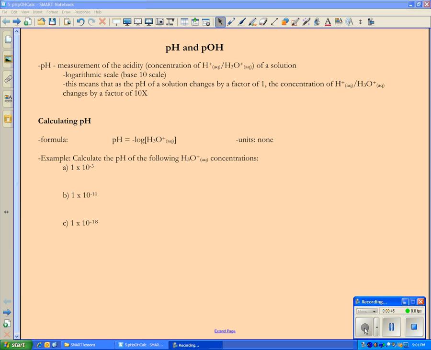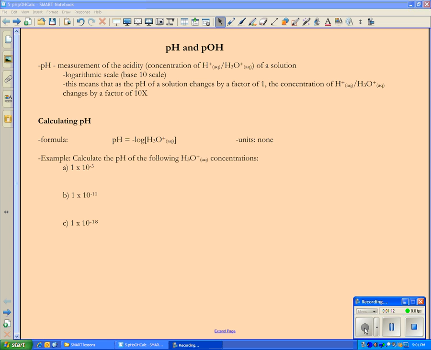So the two variables that we're looking at, pH and concentration, vary by a factor of 10, not by a factor of 1. To calculate the pH, we can use the formula pH is equal to the negative log of the hydronium ion concentration. The square brackets that you see around the hydronium refer to concentration in moles per liter.